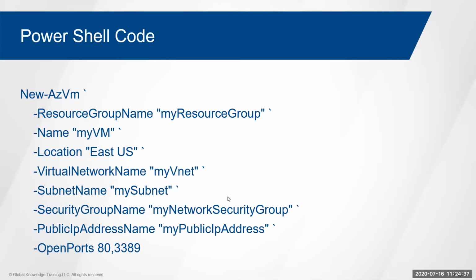Now, one of the things I should mention at this point is you notice that we do have things like subnets. Okay, that makes sense. I need a subnet, right? But I'm not specifying here what the subnet is. What I'm doing is giving it the name for the subnet. If I didn't, it would just call the subnet default.